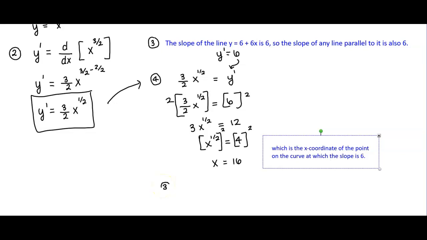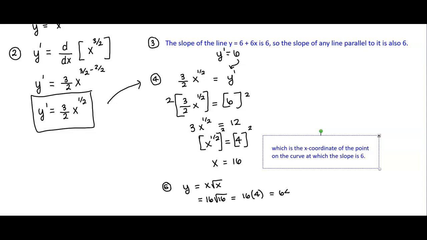Now remember that the original function is y equals x times the square root of x. So we're going to plug in 16 into this function. So this is 16 times the square root of 16, which is 4.